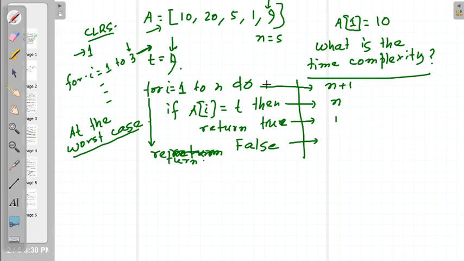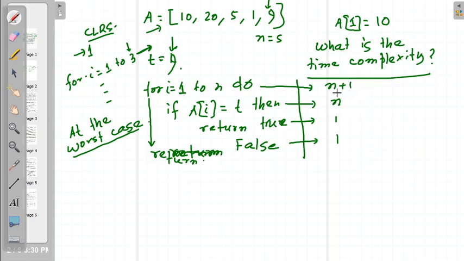Okay, it is checking all the things, and if it is not finding any, then it will be returning false. So how many times? 1 time. Okay, so if somehow it has found it here, then return true, and it will be exiting the loop. Okay, it will not be executed anymore.